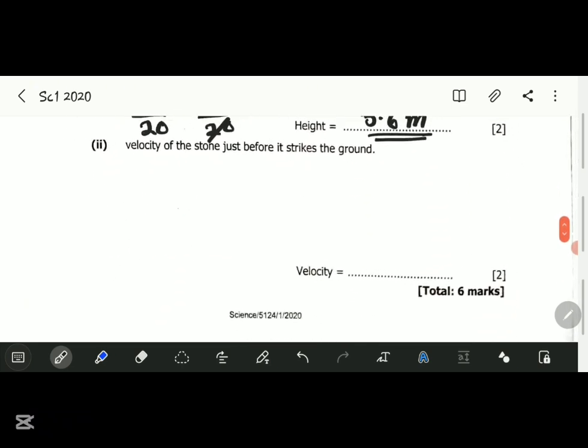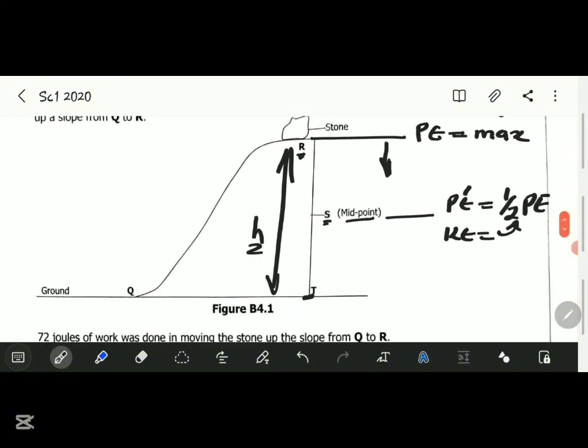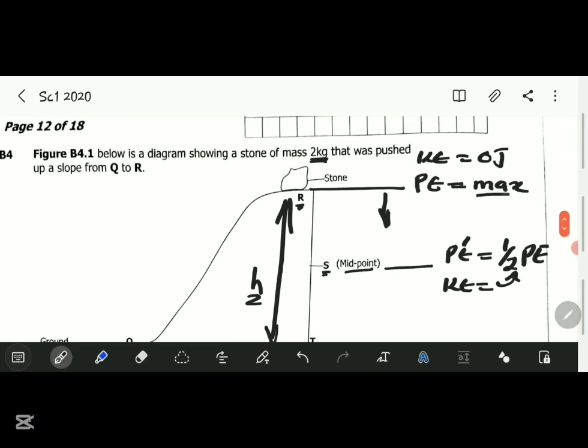C2, velocity of the stone just before it strikes the ground. As we said, when we are starting here, the maximum potential energy was 72 joules, while kinetic energy was 0.